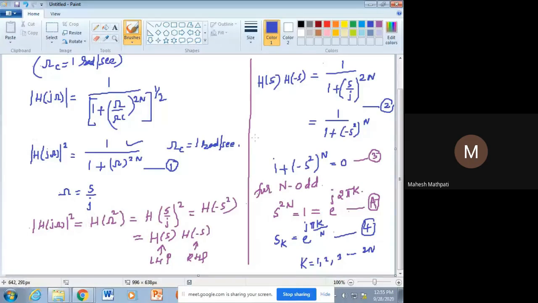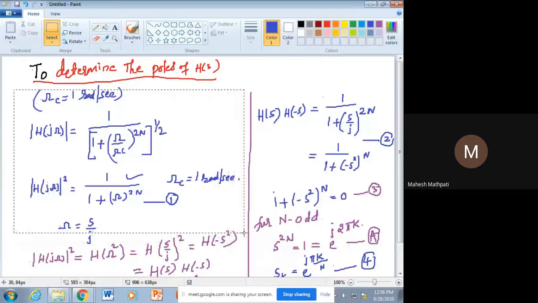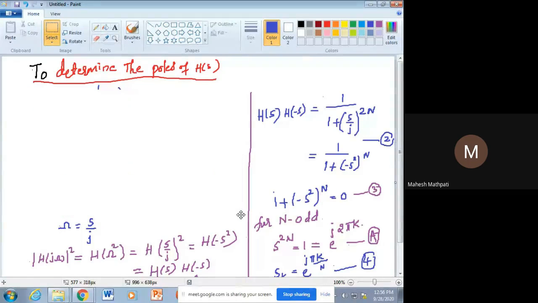For n even, what will happen to equation 3? If n is even, how can we write it? 1 plus s raised to 2n is equal to 0.